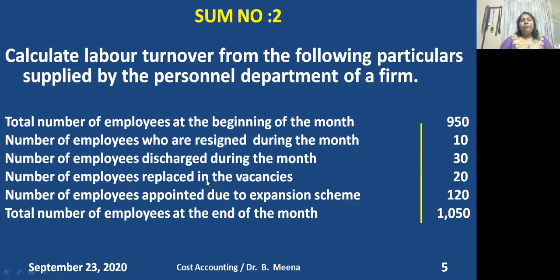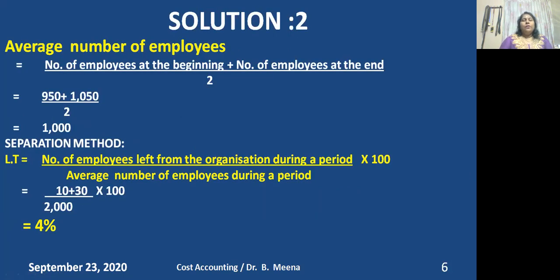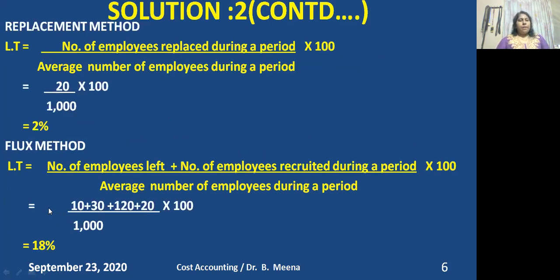So how many of them left as per this problem? Discharged 30, resigned 10. So totally 40 of them left the organization. So 10 plus 30, 40. So 40 divided by 1000, not 2000.